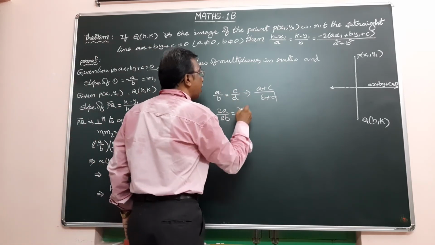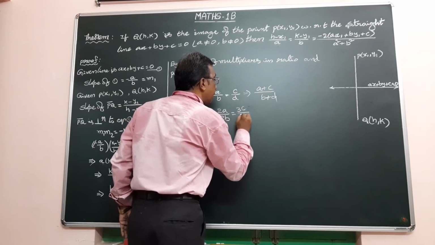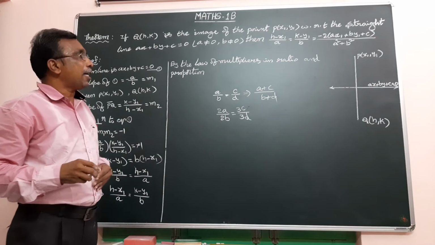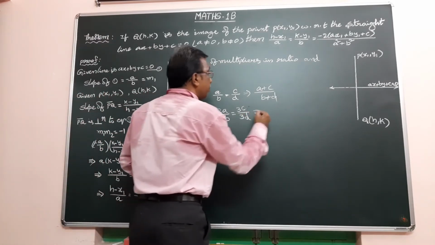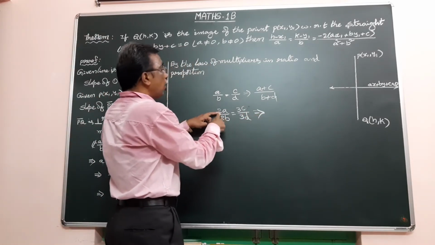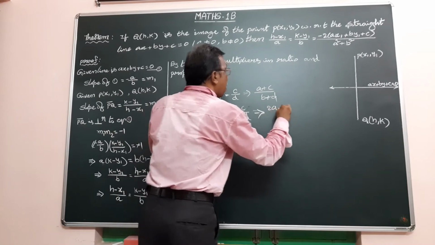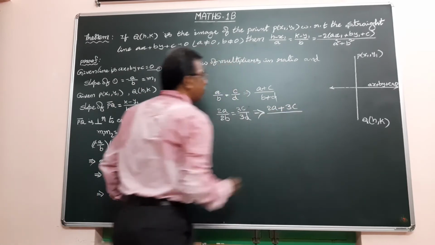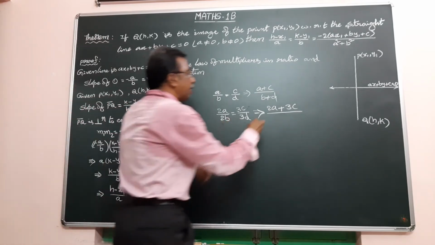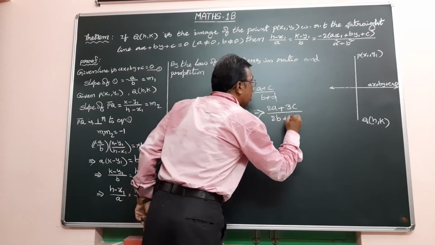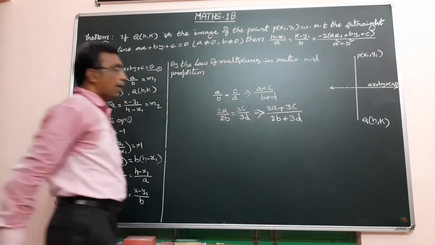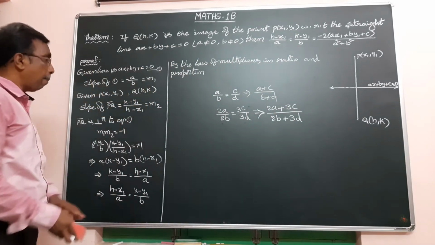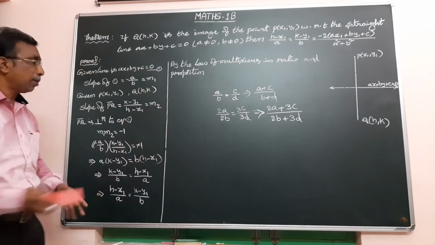Now we multiply 3c by 3d. Now you apply the law of multipliers in ratio and proportion, that implies 2a plus 3c by 2b plus 3d. Do you understand? Apply the same process to this one also.